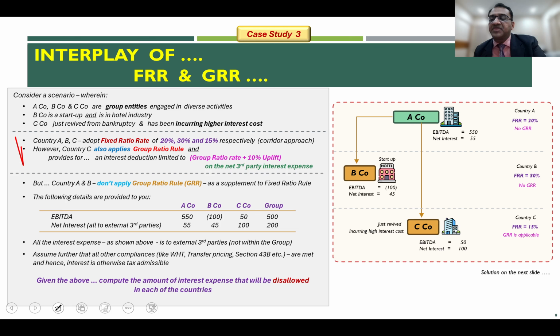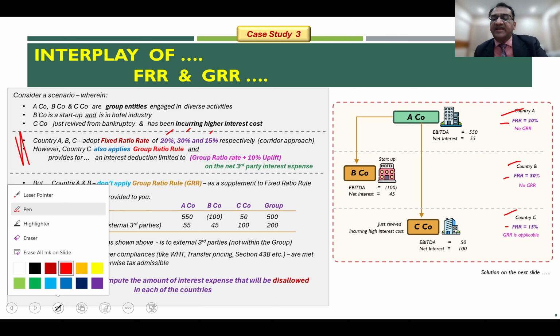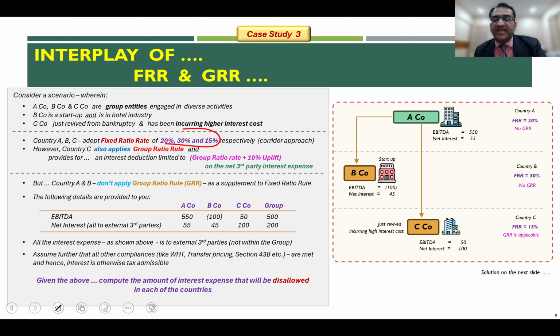Now, countries A, B, and C have adopted the fixed ratio rule, so countries A, B, and C all are using FRR. The rates of FRR in the three countries, as legislated by them, are 20%, 30%, and 15%.